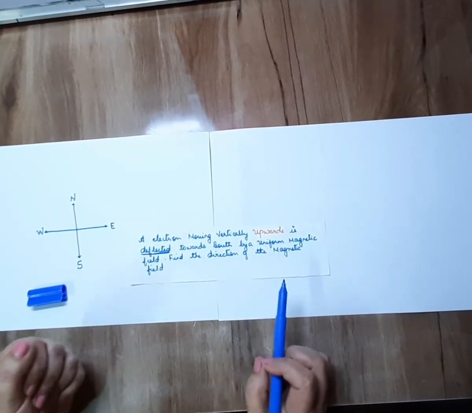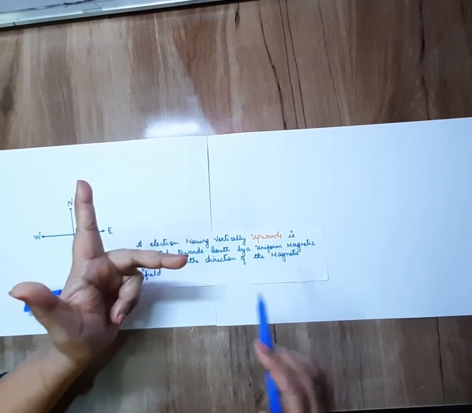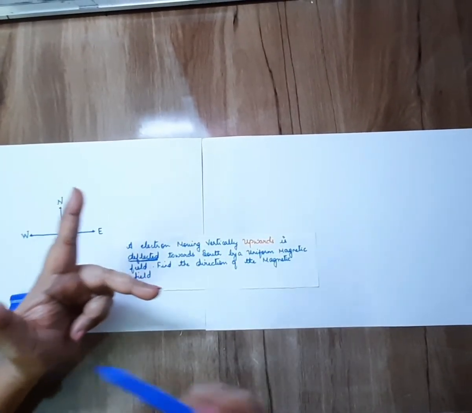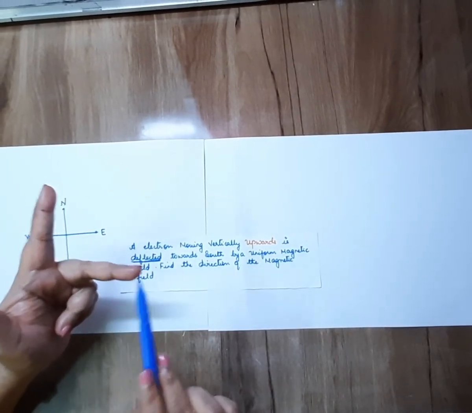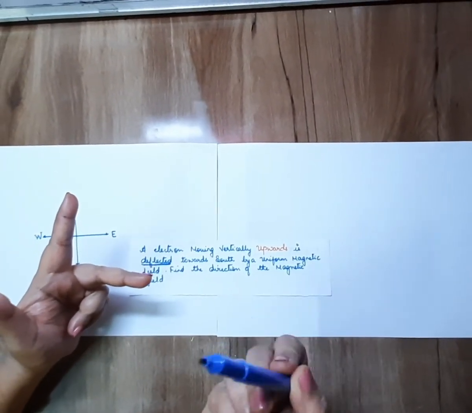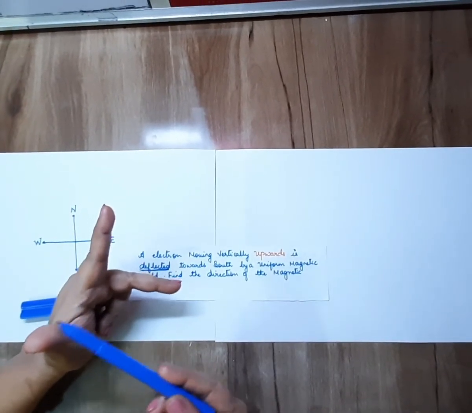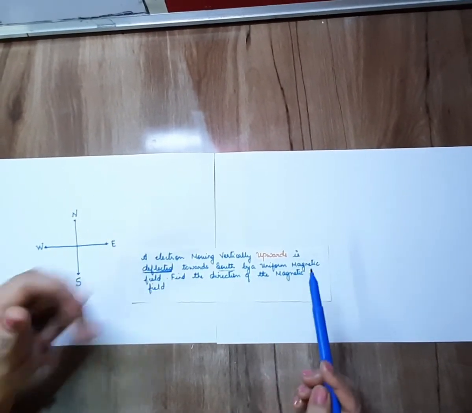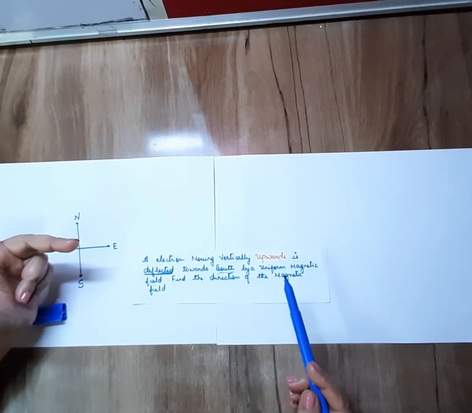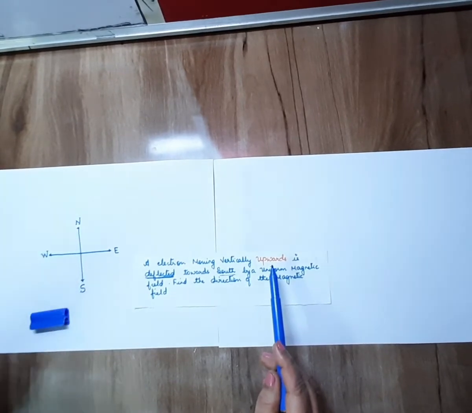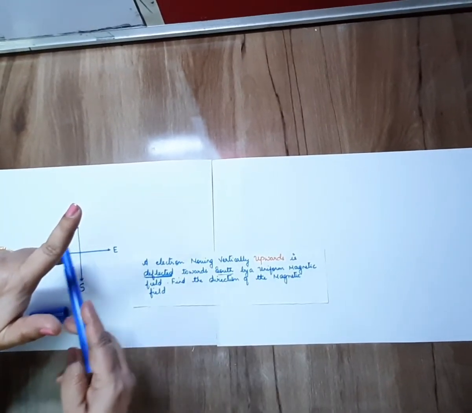So according to Fleming left-hand rule, when we open up, again current, magnetic field and force. Here what is given? Current, that is the electron, in upward direction, and deflected means this force, which is towards south here. When I hold it here, we know that the electron is upward, so instead of taking upward, I will take down.